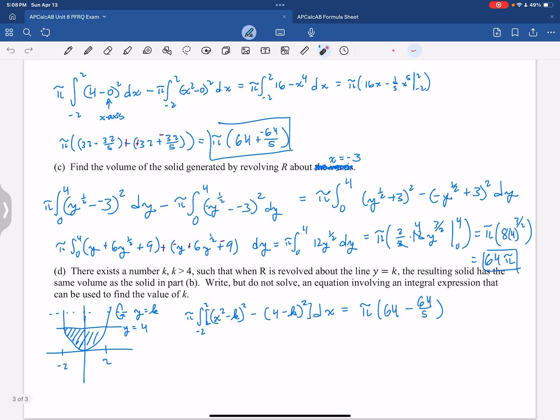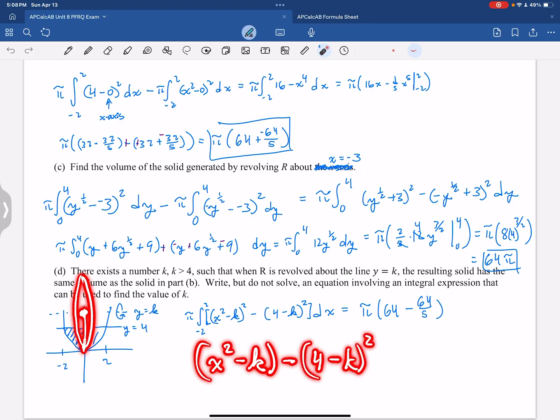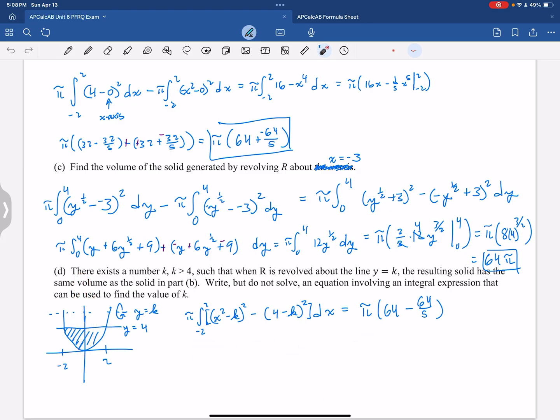Okay, so if I wanted to find the radius of this circle, I would have to go outer minus the axis of revolution. So it would be x squared minus k. That would be my radius of the greater volume. And then I would have to subtract from that because we have two curves, so we have to use the washer method. 4 minus k, because that's going to be the radius of the smaller circles.